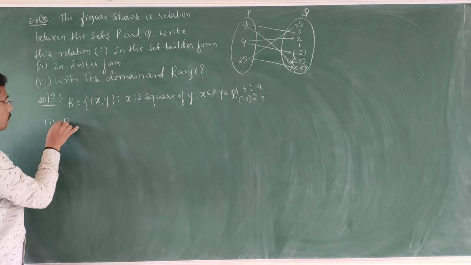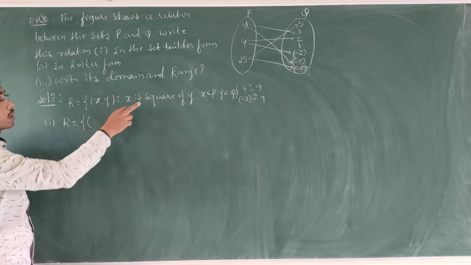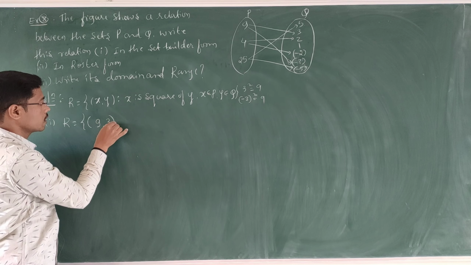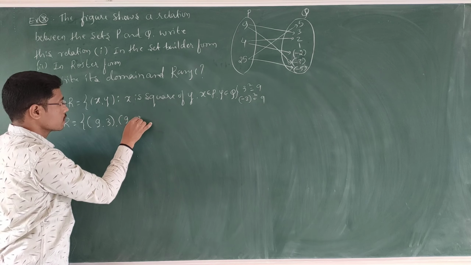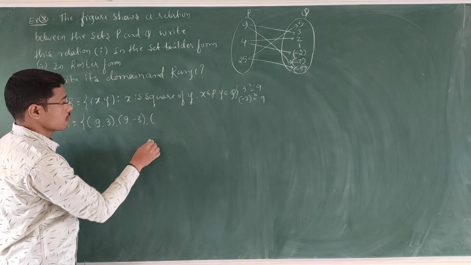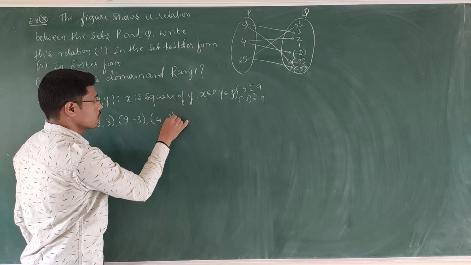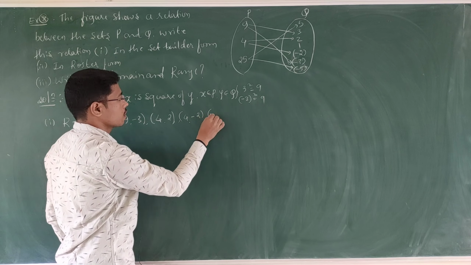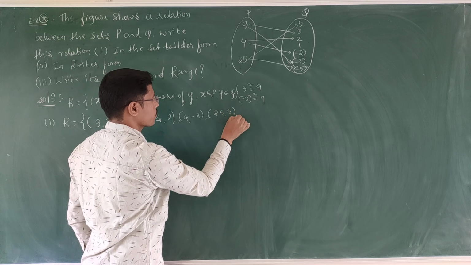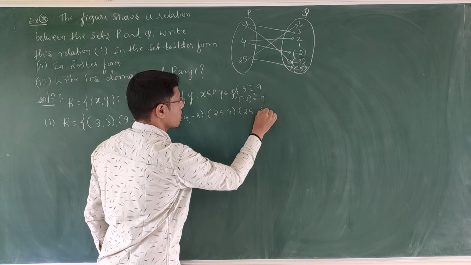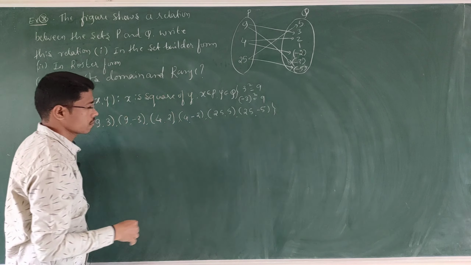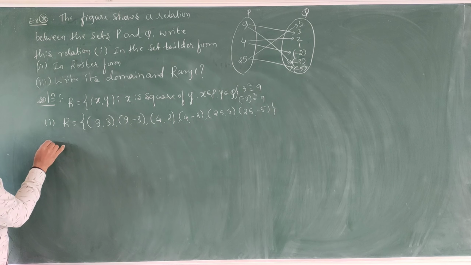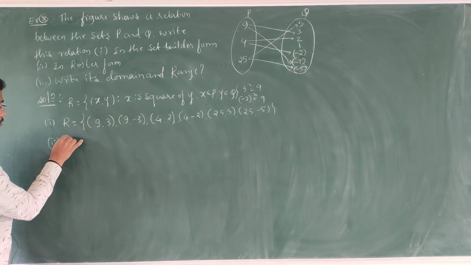Now, 9 is the square of 3 and minus 3, therefore (9, 3), (9, minus 3). Next (4, 2) and (4, minus 2). Then (25, 5), (25, minus 5). Right, this is the set builder form. Next is the roster form. Second one is the roster form.